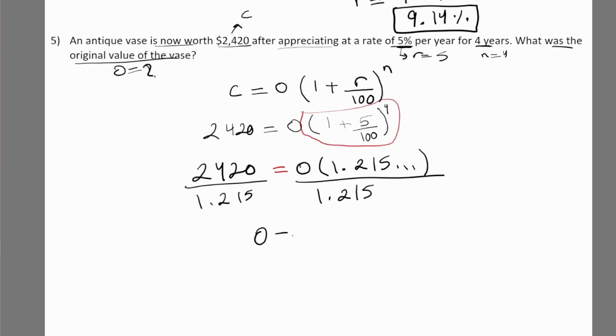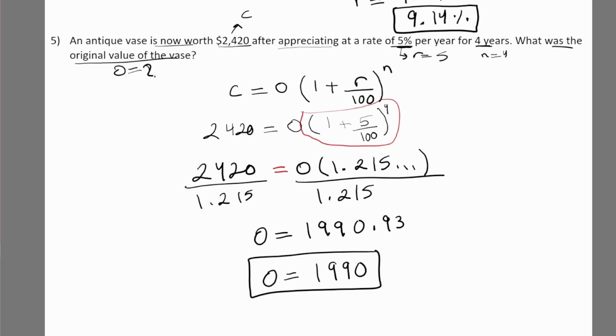And we get the original is equal to 1,990.93. Now we're going to round this to 3 significant figures. It will be 1,990. That's it. This is the final answer.